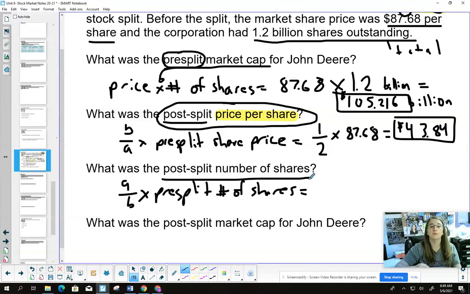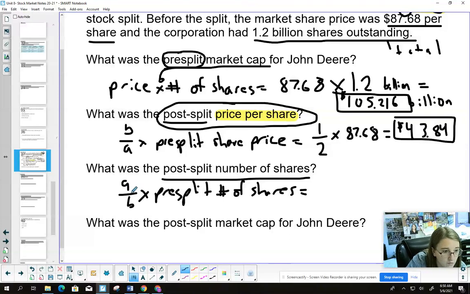So once again, what happened with the price is because I took 1 slice and created 2, the price got cut in half because the slices got smaller. However, now when I look at the number of slices, I have 2 slices now when I had 1. So this is going to increase the number of slices. There's this inverse relationship going on between the price and the number of shares.